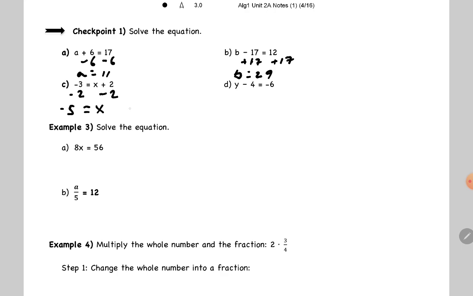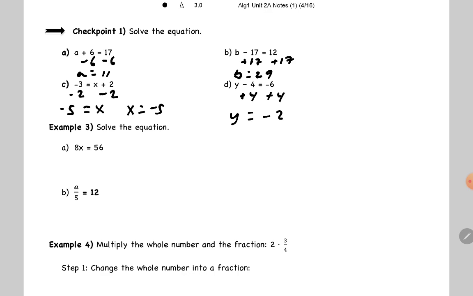If you prefer x to be on the left, you can just write it on the left just like this. Doesn't matter. Either answer works. Okay. Opposite operation of minus 4 is plus 4. y equals negative 2. Okay.